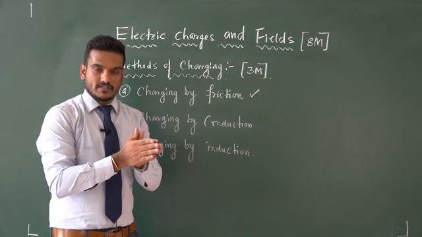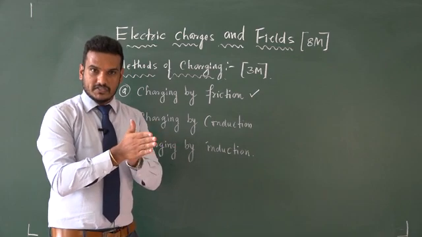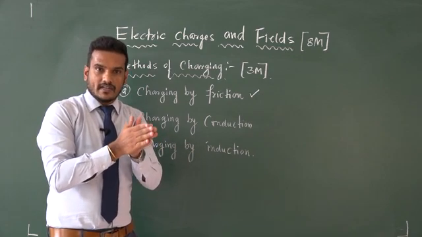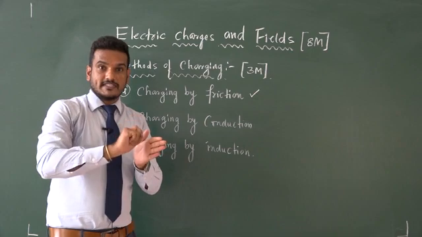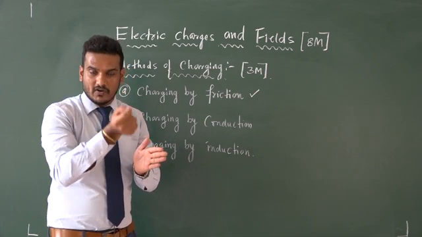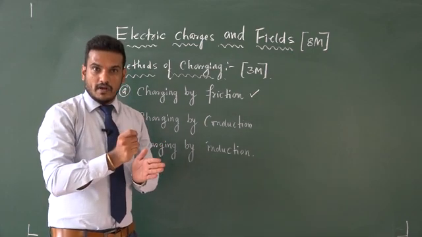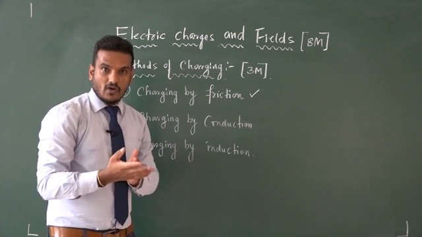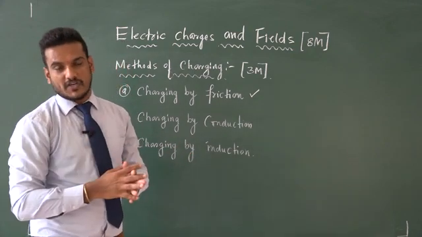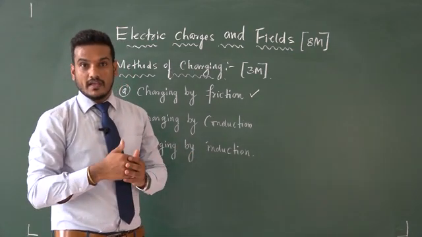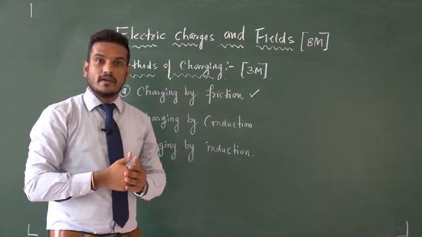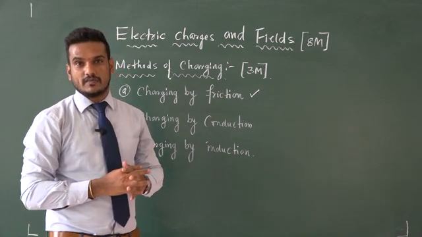When the 2 bodies are rubbed against each other, at the point of contact, electrons are transferred from one body to another body. The body which loses the electron becomes a positively charged body. The body which acquires the electron becomes a negatively charged body.